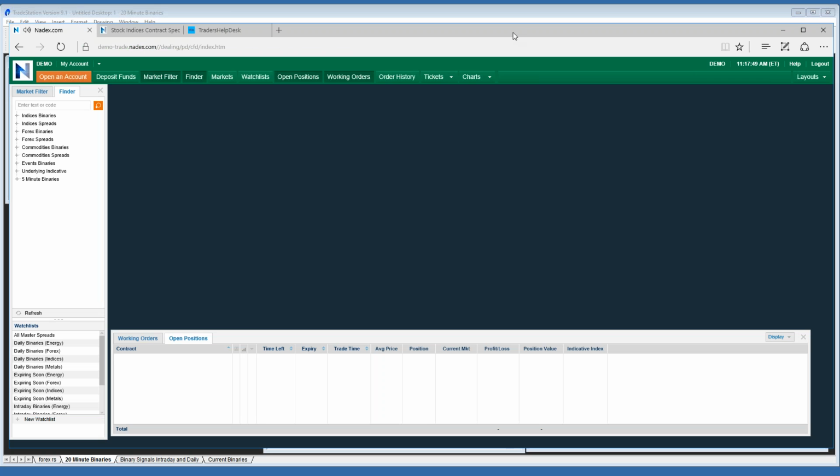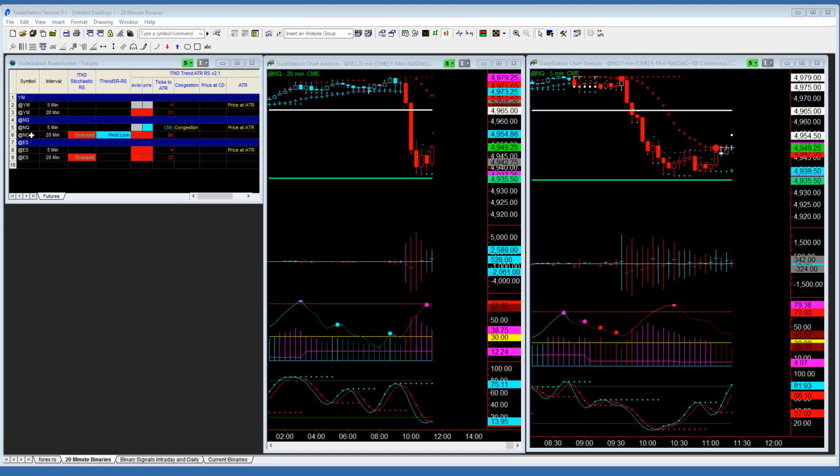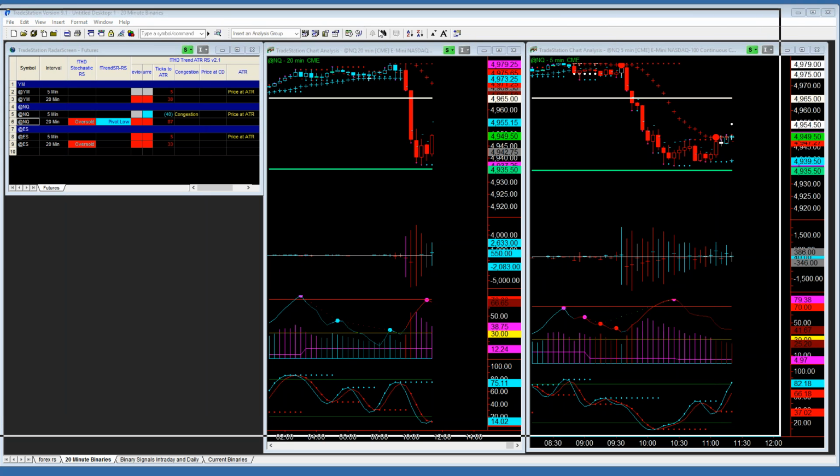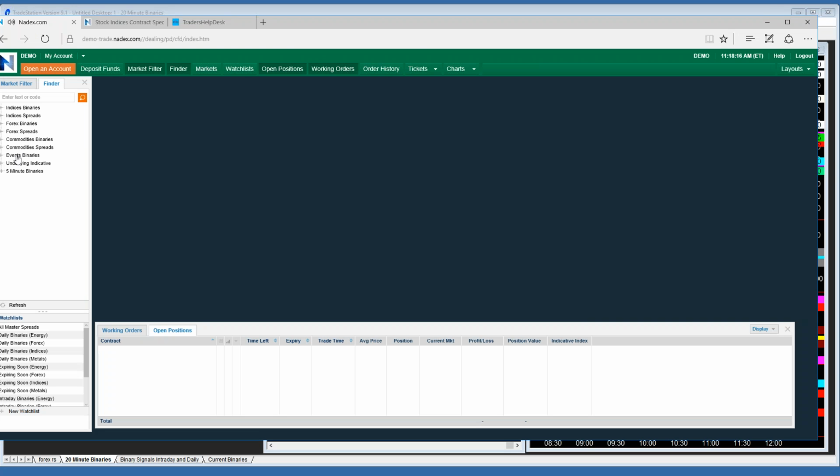So let's go and see if we can find any binary options that are either overbought or oversold. So I use TradeStation, and I do for a reason, because of this scanner window here. And you can see on the 20-minute, it's telling us that this is overextended at the moment, okay? So you could start looking for a binary option.